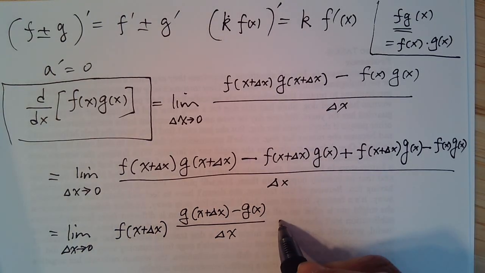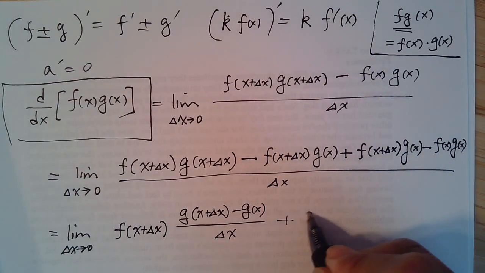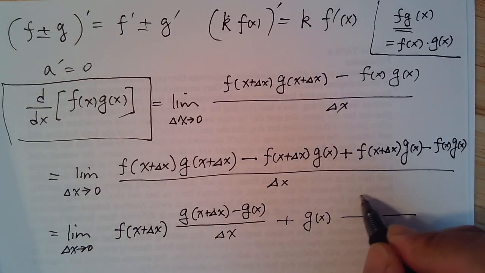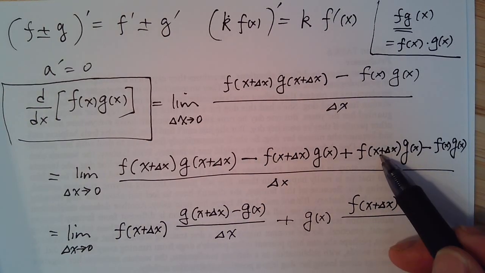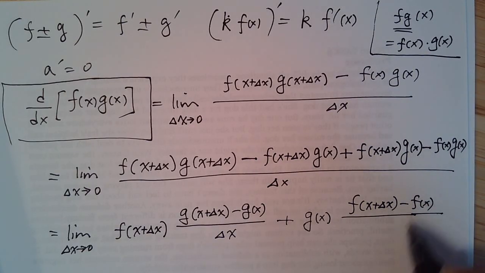And then I'm going to go plus. Did you notice that for the later two terms, I can take a g of x out, and then I have f of x plus delta x minus f of x over delta x.